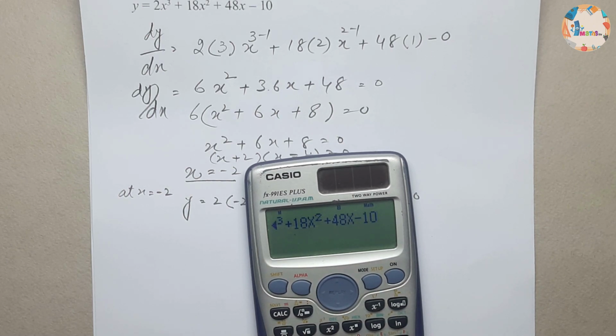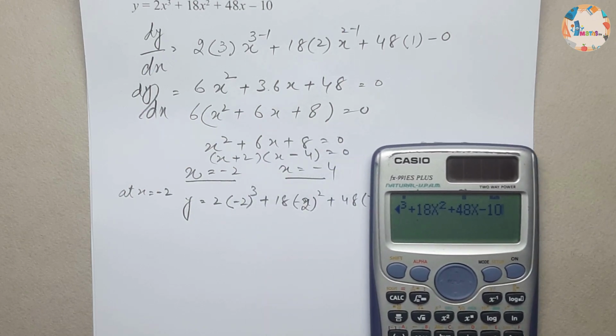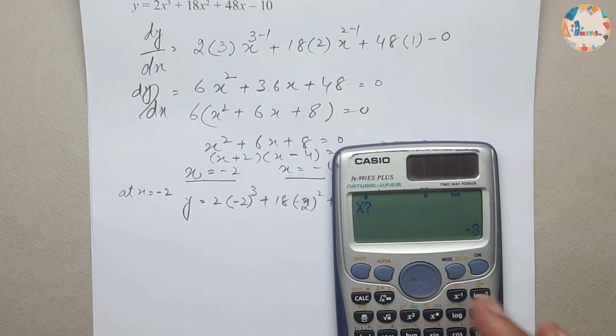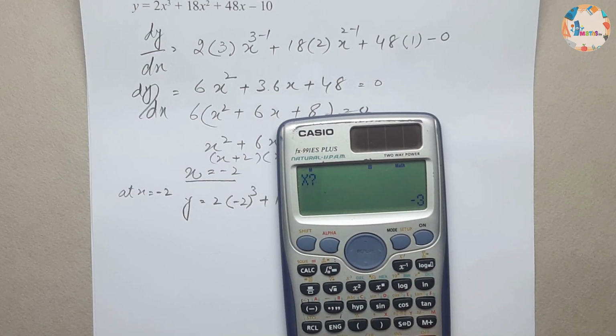This is our y value, and we can calculate it when x is equal to minus 2. If we replace minus 2, we get minus 50.